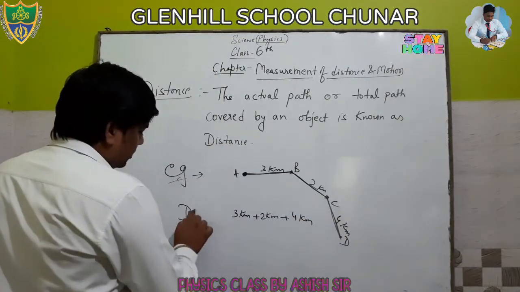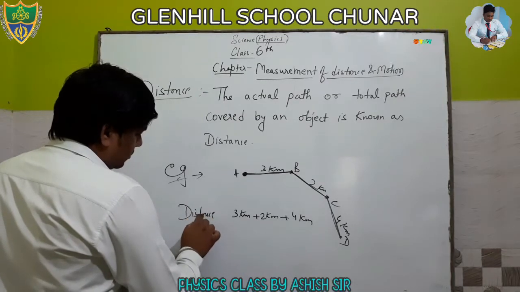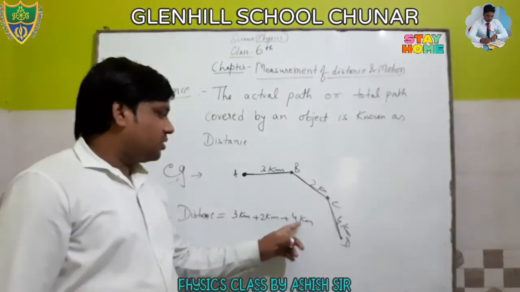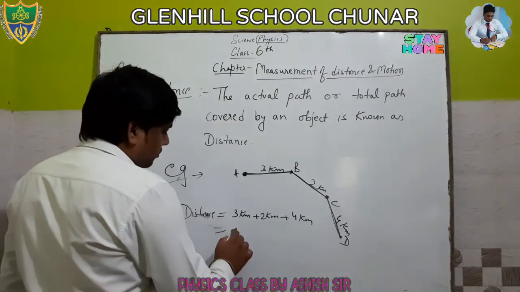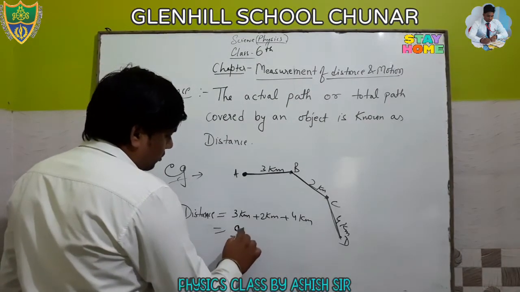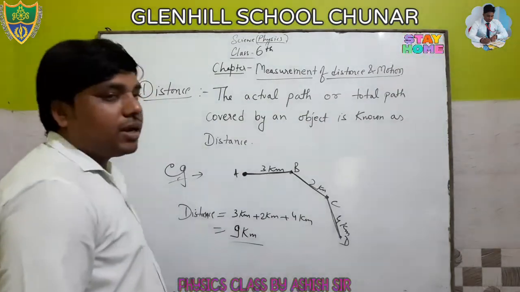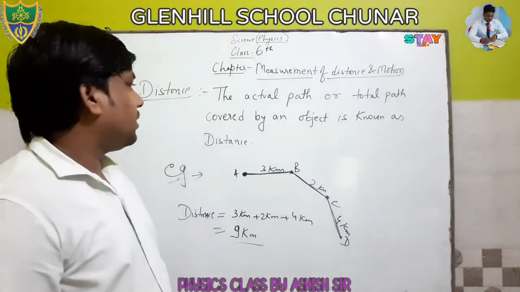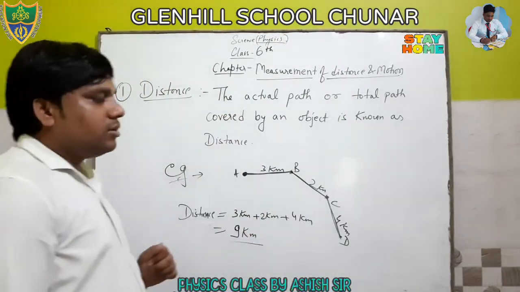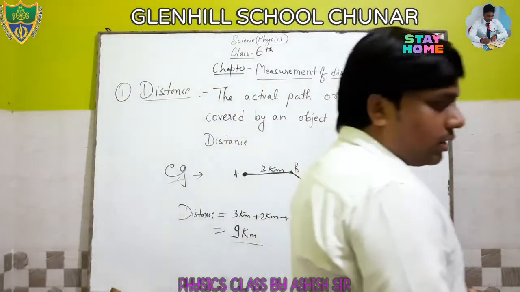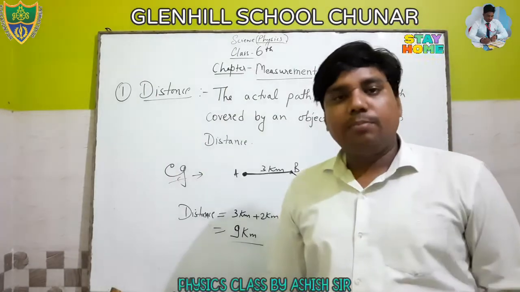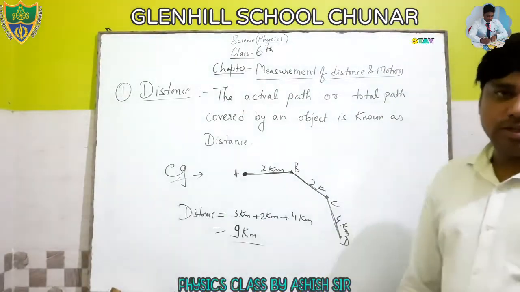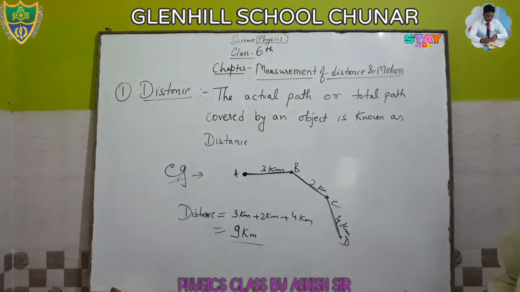Then the distance is 3 plus 2 plus 4, which is equal to 9 kilometers, and this 9 kilometers is the distance covered by the object. Understood? What is the definition of distance? The actual path or total path covered by an object or a person is known as distance. Understood all of you? Okay, note this down.